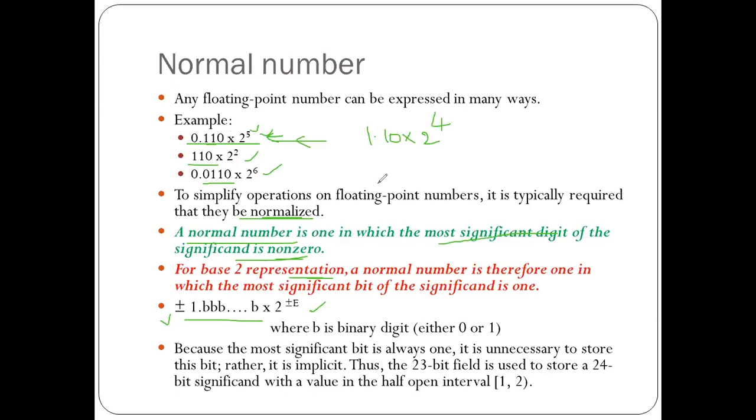So 2 power 4, this one. Here, you need to make 1.10. So the decimal point which was here, I need to shift it to the left side by 2 digits. So I have to multiply by 2 power 2, which is nothing but 2 power 4 here also.